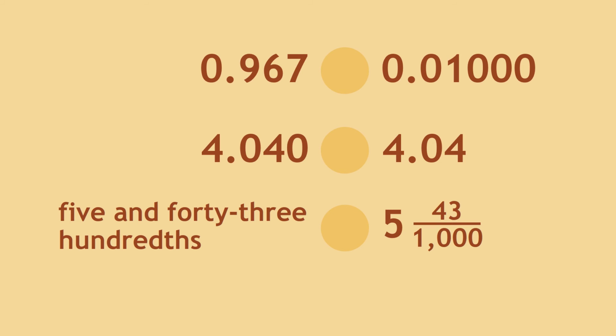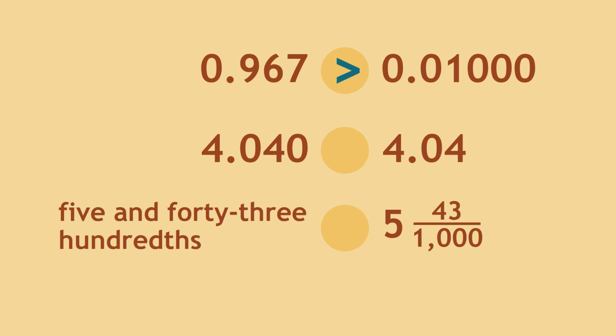Our zeros are the same, and then we go to the tenths column. In the tenths column, we have a 9 on the left and we have a 0 on the right. So right away we know that 967 thousandths is greater than 1,000 hundred-thousandths.